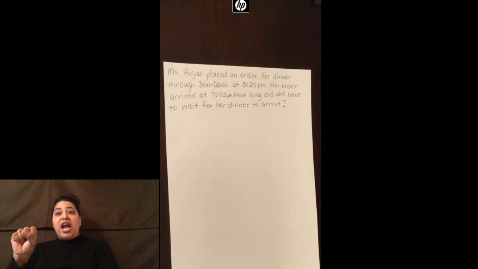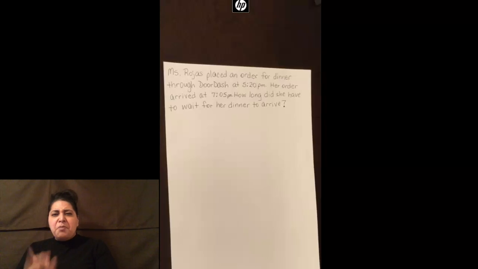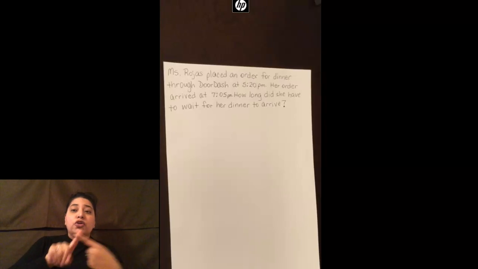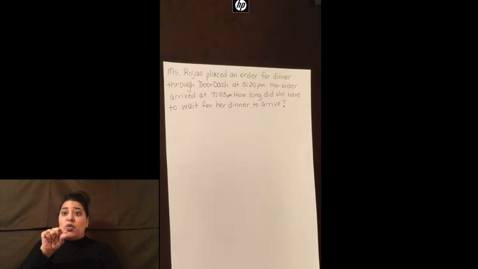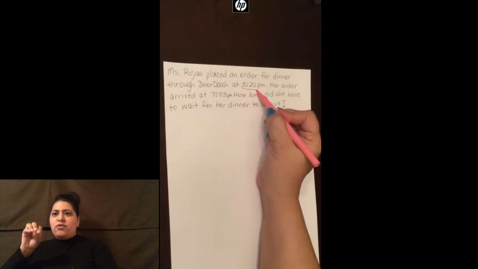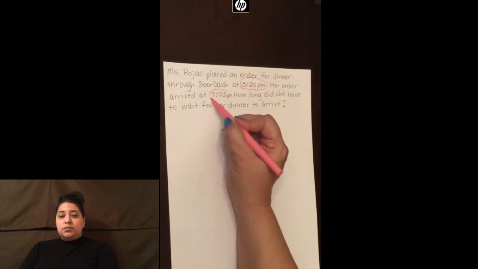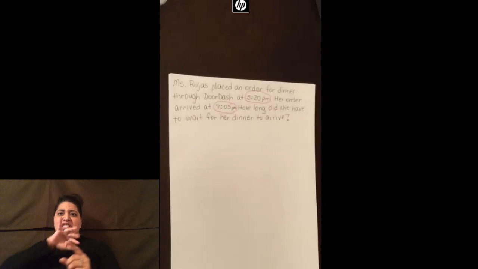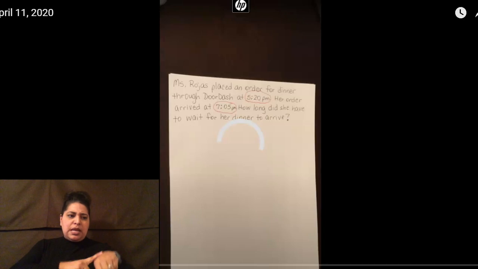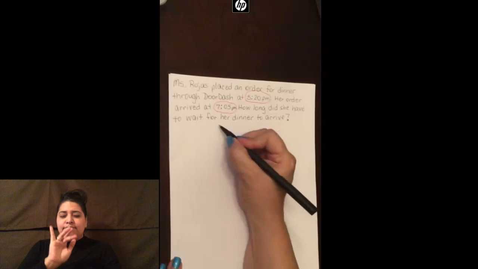It says Ms. Rojas placed an order for dinner through DoorDash at 5:20 p.m. Her order arrived at 7:05 p.m. How long did she have to wait for her dinner to arrive? Okay, so I know that I've got my starting time here at 5:20 p.m. and I know my ending time at 7:05 p.m. So let's write our situation equation.